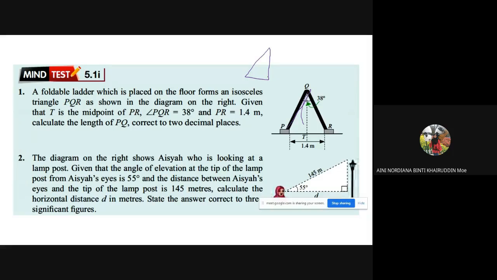Okay, so this is the triangle. Here is 90 degrees. So this is Q, T, and P. Okay, how about this angle? Anyone? This angle is not 38 anymore.